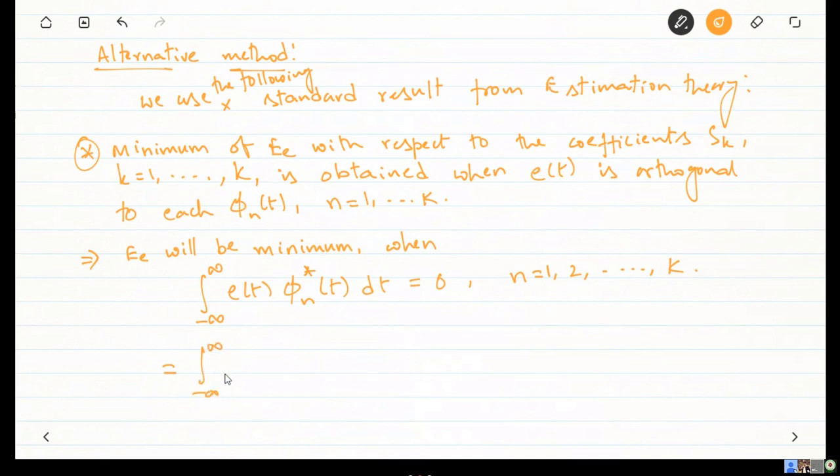The integral from minus infinity to plus infinity of S of t minus the sum over k equal to 1 to capital K of Sk phi k of t, times phi n star of t dt equals 0, where n equals 1 to capital K.